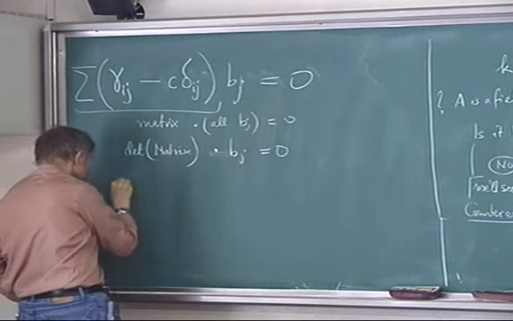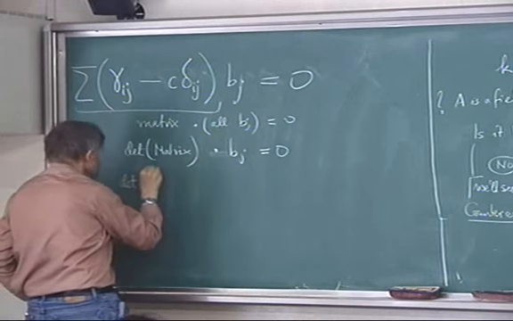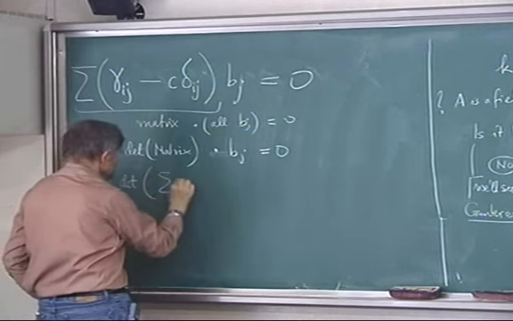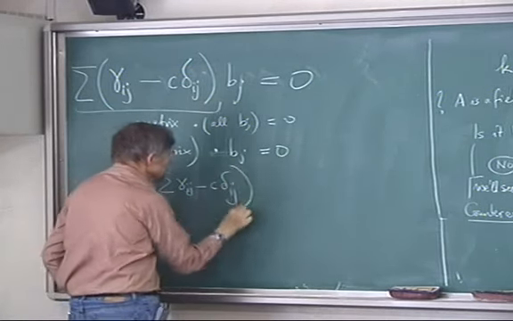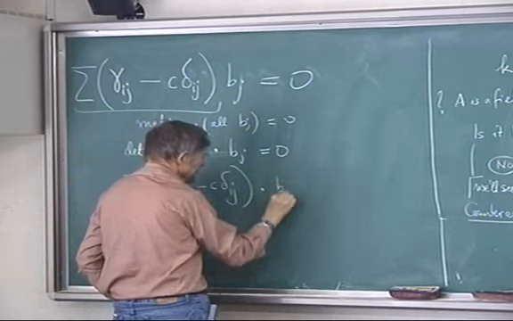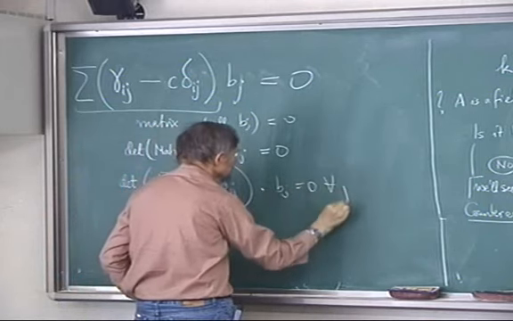Anyway, it follows that the determinant of sigma gamma ij minus C delta ij times bj equals 0 for all j.